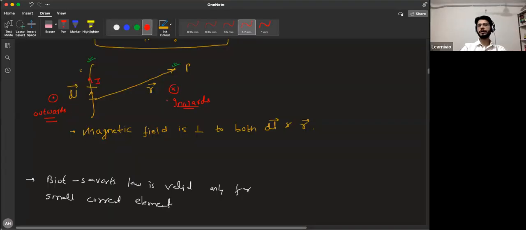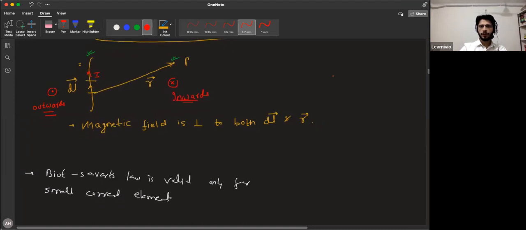We will hold the conductor in our right hand in a way so that the thumb points in the direction of current, and the curvature of the fingers will give the direction of the magnetic field. The curvature is anti-clockwise, so the magnetic field is anti-clockwise. Over this point, it's coming outwards. Over this point, it's going inwards. So this is how we decide the direction of the magnetic field. It's outwards at one point and inwards at another.